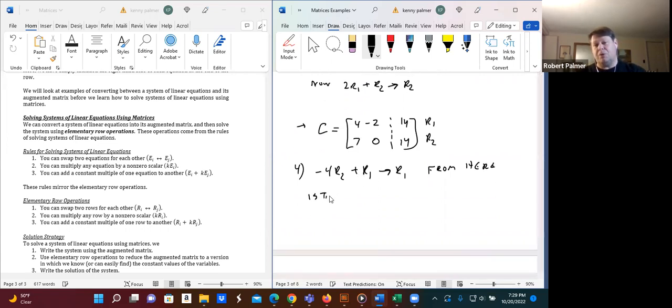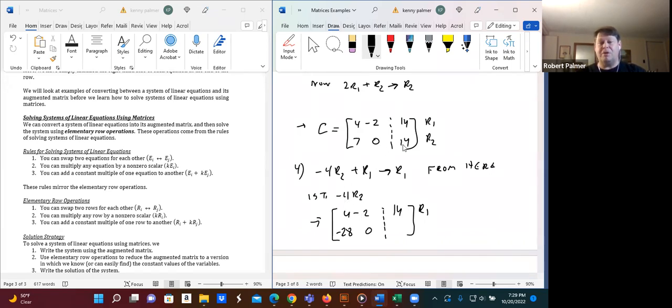So first, we're going to do -4 row 2 and see what that looks like. So first off, my row 1 is the same. Now multiply my row 2 by -4. So -4 times 7 is -28. -4 times 0 is 0.